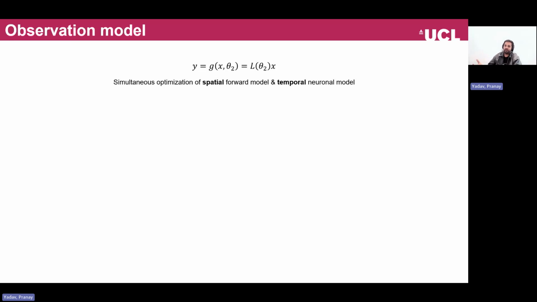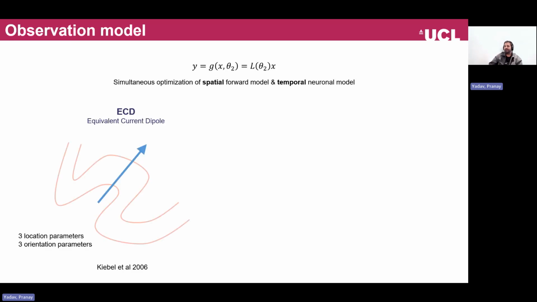The observation model consists of this forward model, which can either be an equivalent current dipole, so the neural mass at a specific source is essentially a current dipole. And this current dipole has 3 location parameters and 3 orientation parameters.